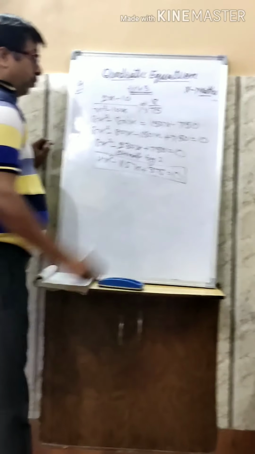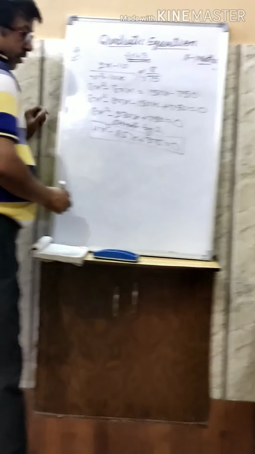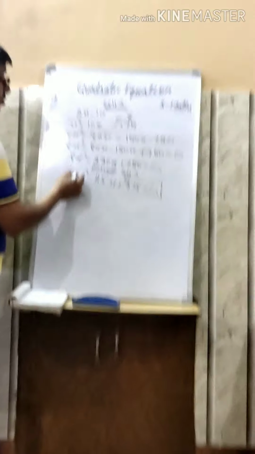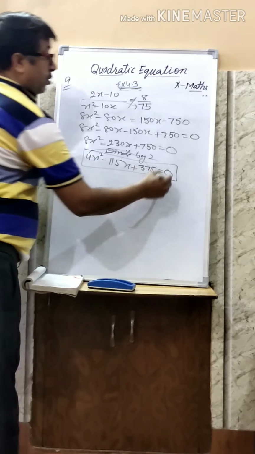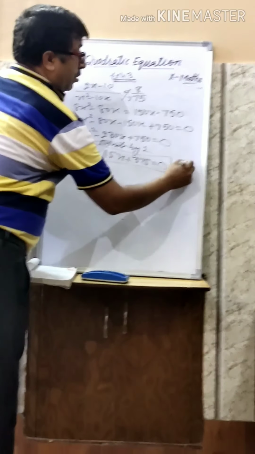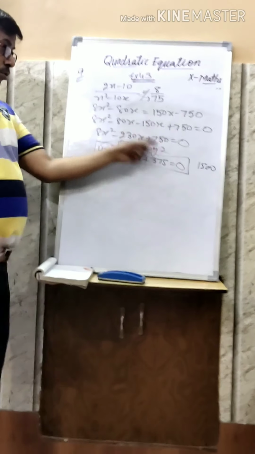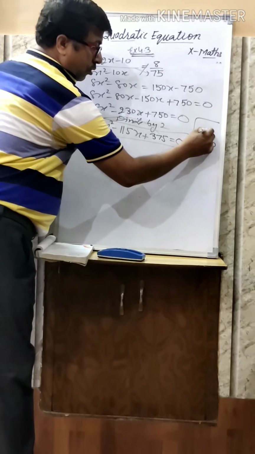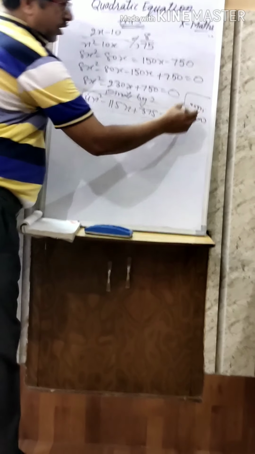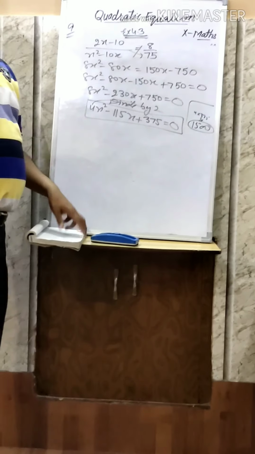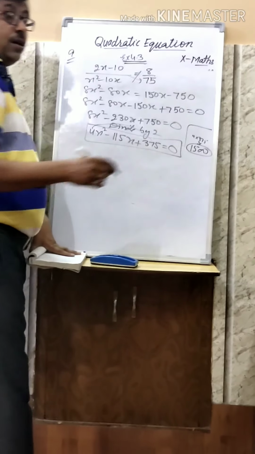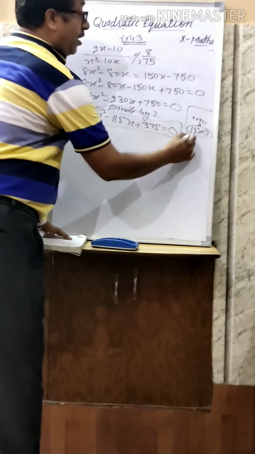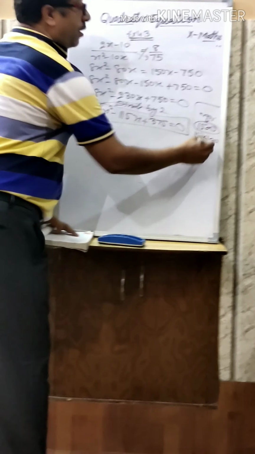You see how you will find the factors by the factorization method. Simply take 4 into 375, it is 1500. The factors are 15 and 100.